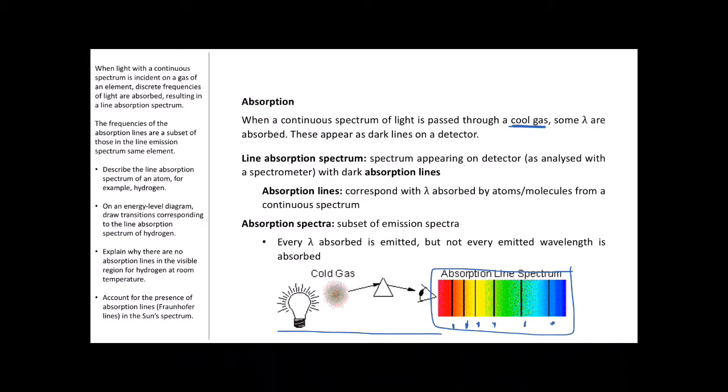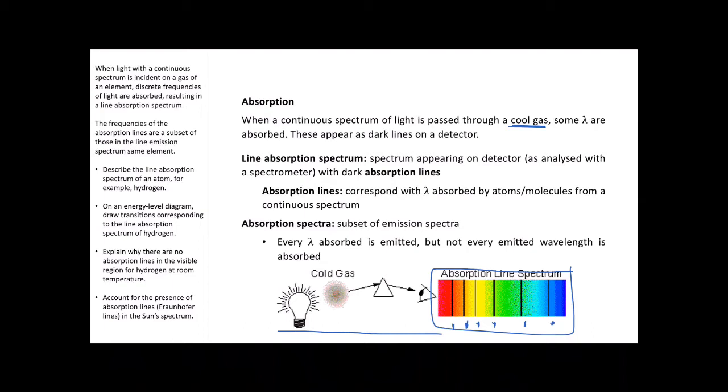This technique can be used to identify elements or compounds in an unknown sample. If you're not sure what's in a sample, and you pass some light through a gaseous version of this sample, then certain lines will be absorbed, and those lines will correspond with a particular element's absorption spectrum.